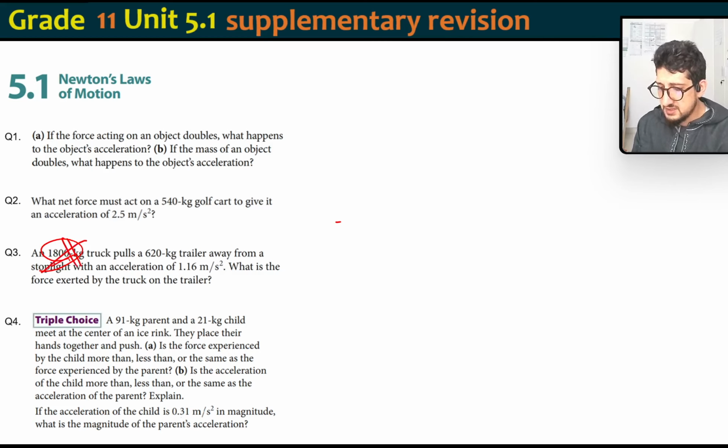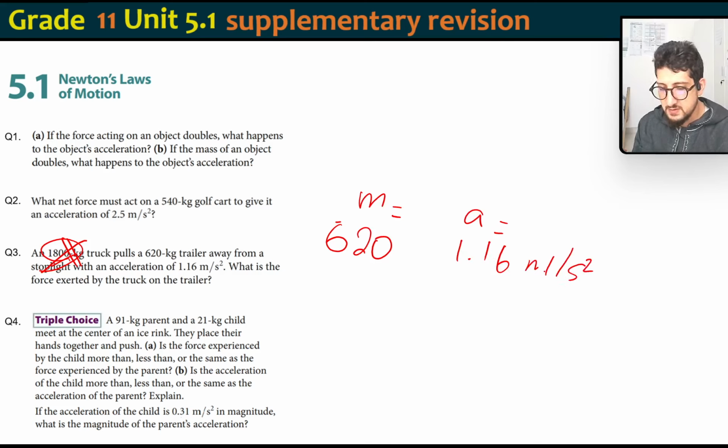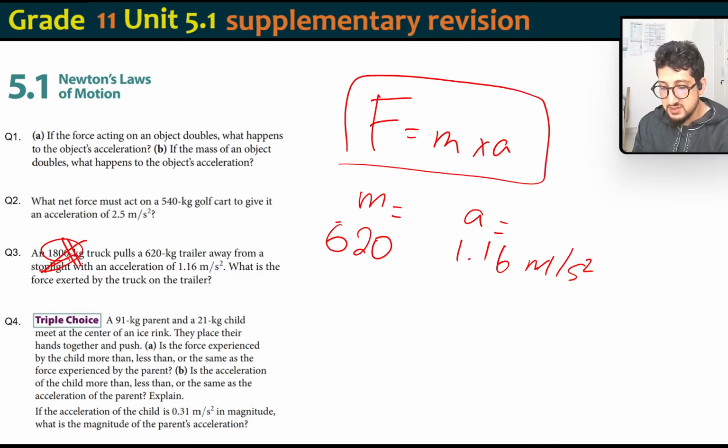I have a trailer, and the mass of the trailer is 620 kilograms, and the acceleration of the trailer is 1.16 meters per second squared. Once again, we need our best friend here, and that's the formula. This is the known and the unknown. What's the unknown? I don't know what the force is. Here's the workout: mass times acceleration.